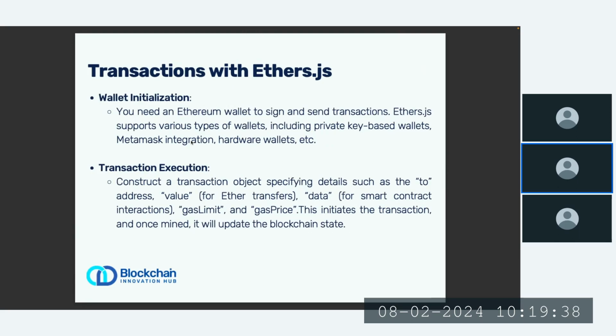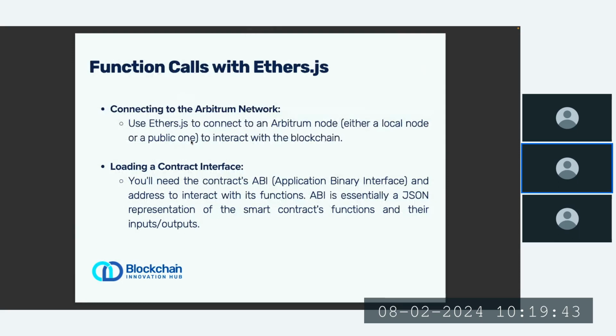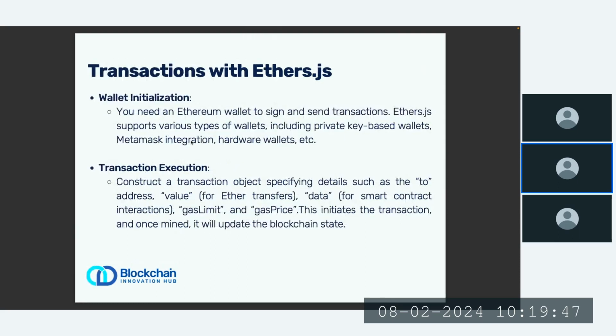Now, once you get your contract interface, that is your contract API, the next thing you need is an Ethereum wallet to sign and send transactions. Ethers.js supports various types of wallets, including private key-based wallets, MetaMask integration, hardware wallets, and the rest.